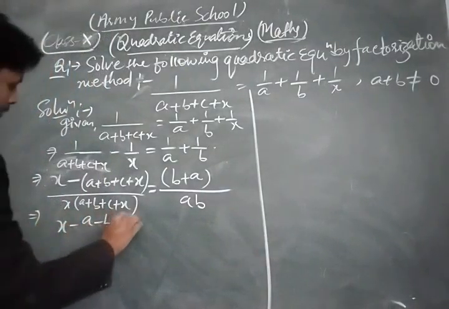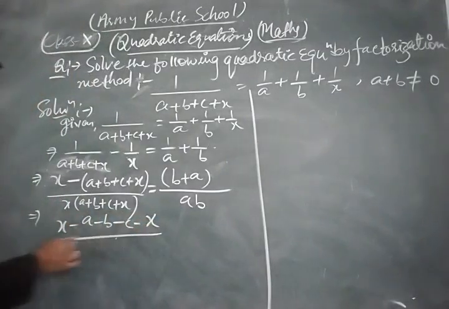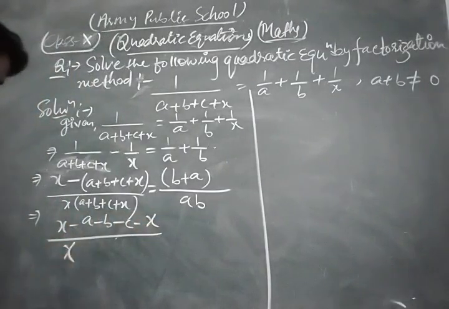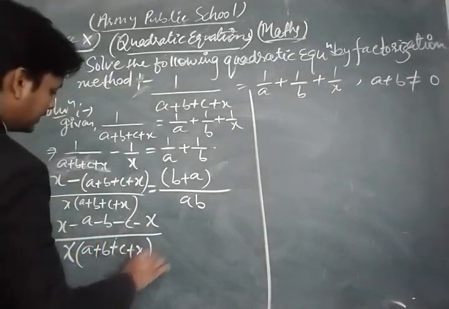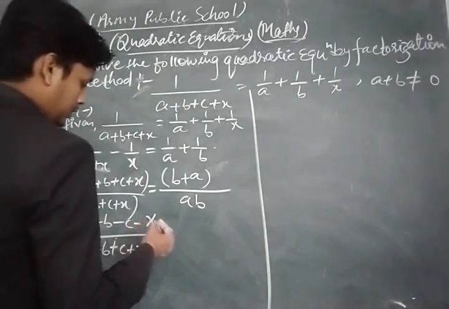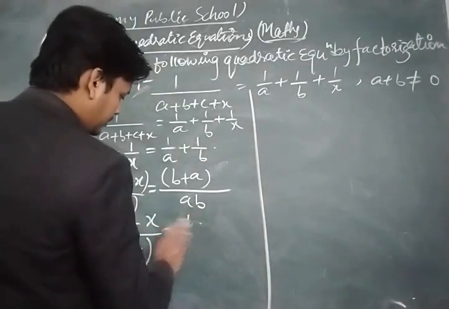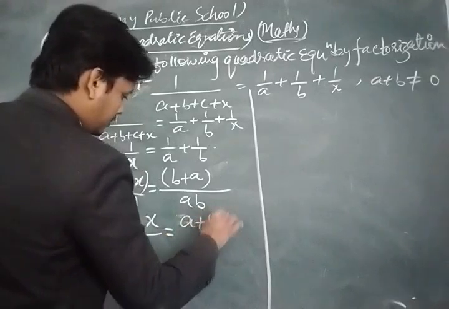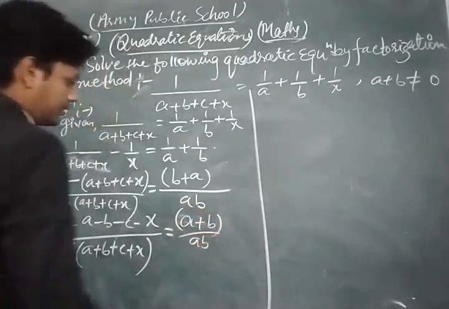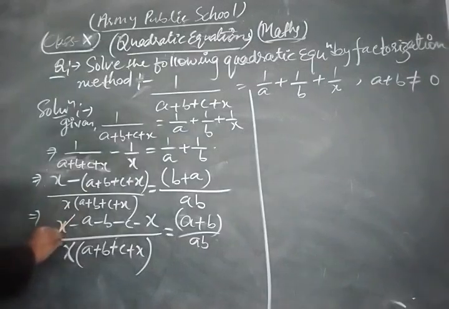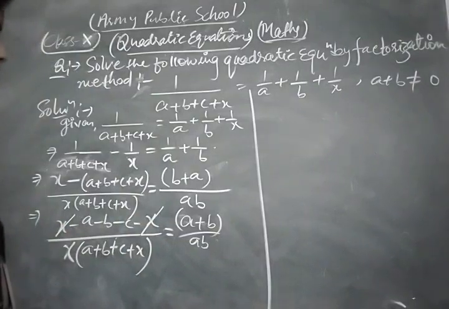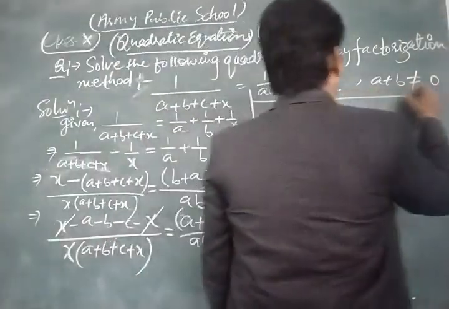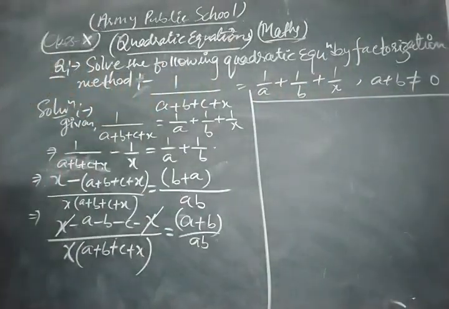So x minus a minus b minus x, whole upon x into a plus b plus x, is equal to a plus b upon ab. Now here x cancels out.